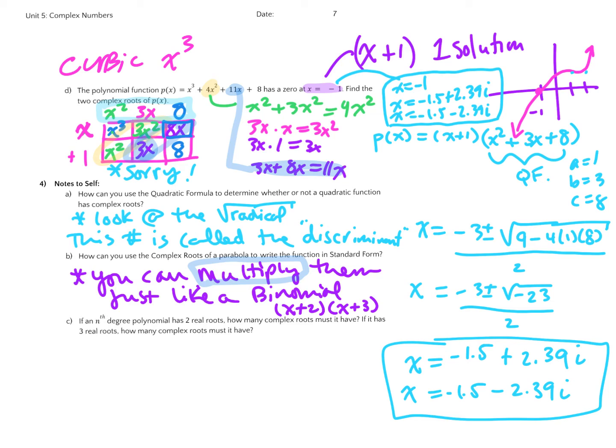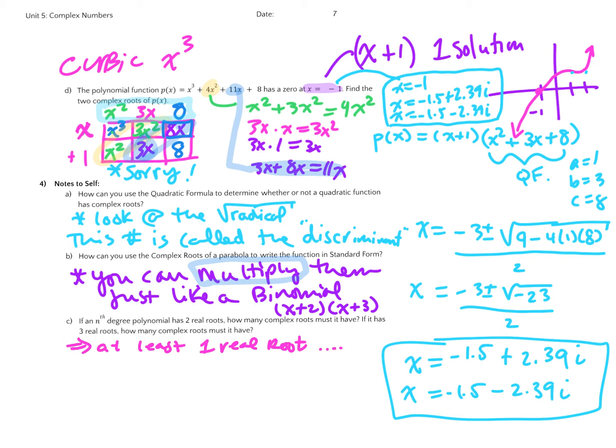If the nth degree polynomial has two real roots, how many complex roots must it have? What this means is that there's at least one real root, and the rest can be a mixture.